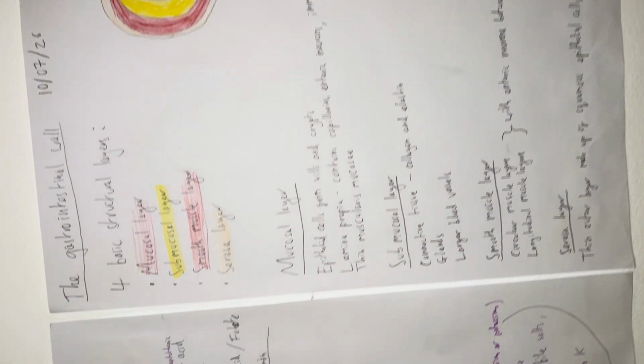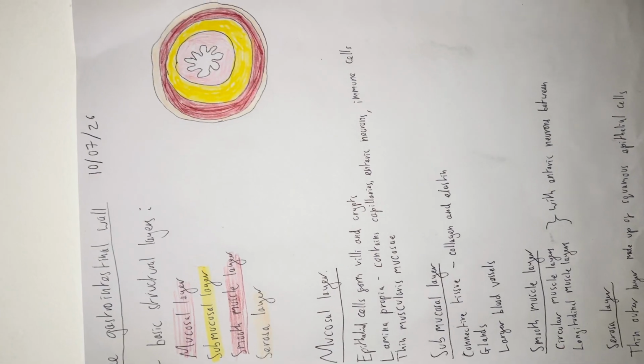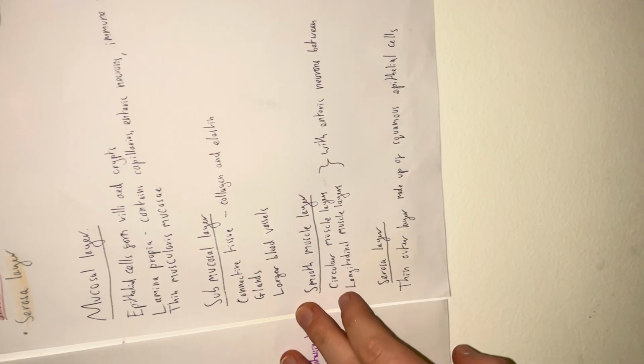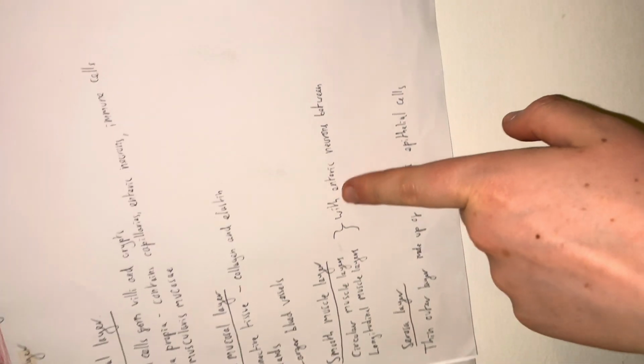I mean, if we're thinking about layers of the skin, I know them off by heart. I think that's sort of like subcutaneous, how do you say it, like the adipose layer. And then we have the smooth muscle layer. So we've got mixtures of circular and longitudinal muscle layers, and of course they've got enteric neurons between them.